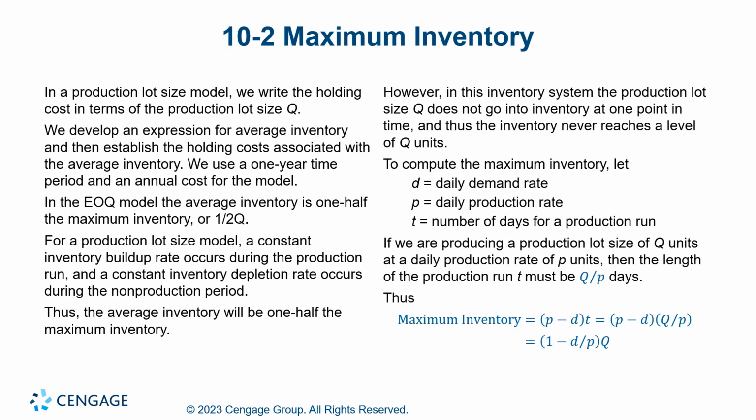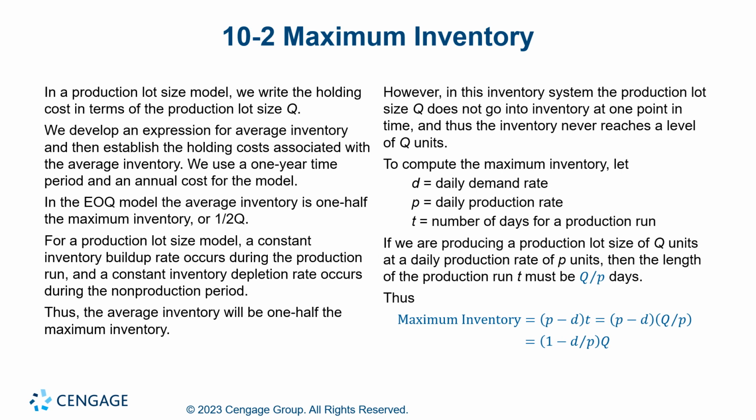Begin building the production lot size model by writing the holding cost in terms of the production lot size Q. Again, the approach is to develop an expression for average inventory and then establish the holding cost associated with the average inventory. We use a 1-year time period and an annual cost for the model.